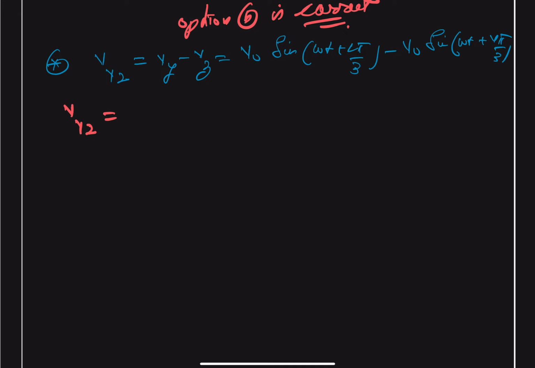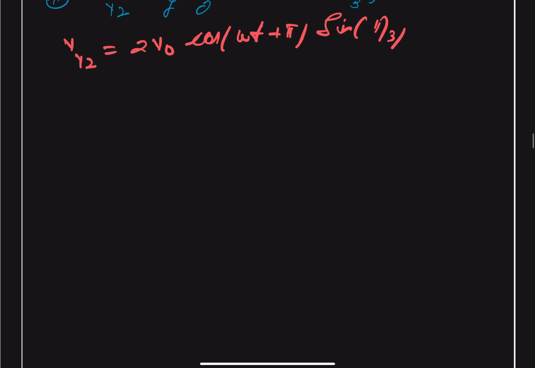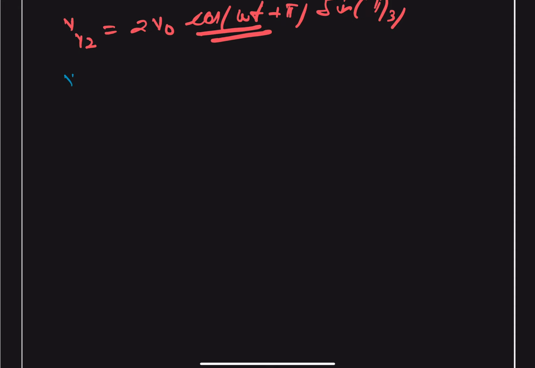V0 will be common, so this comes as 2 V0, and here we have a cos of omega t plus pi, and we are left with sine of pi by 3, and cos omega t plus pi is nothing but minus cos omega t. Okay. So we can solve this part, and from here we get our Vz will be equal to minus of 2 V0 cos of omega t and sine of pi by 3.